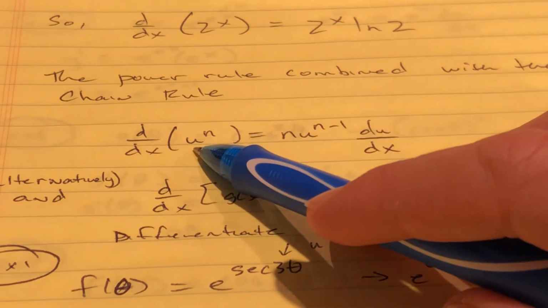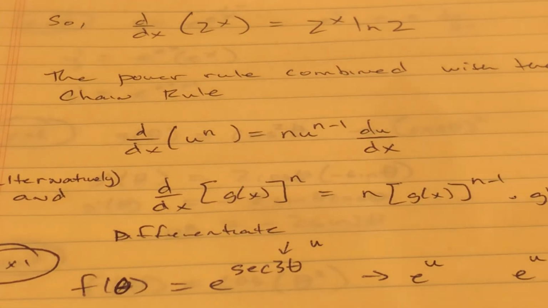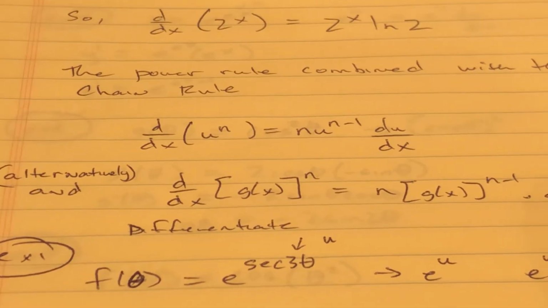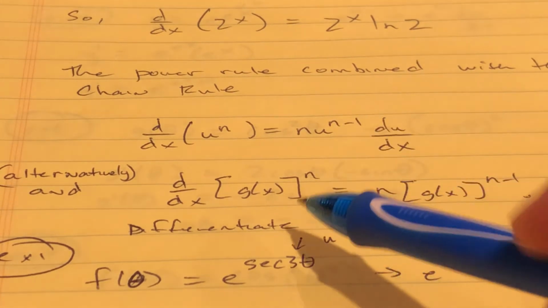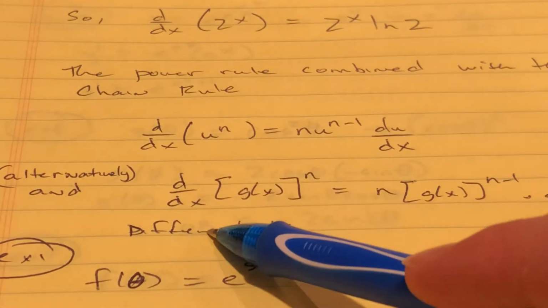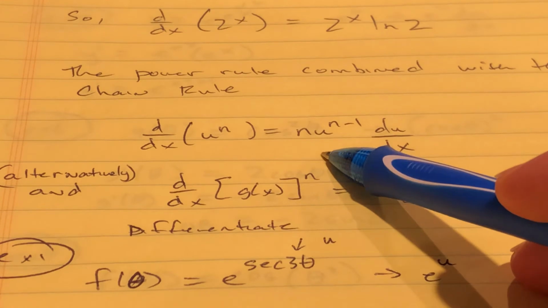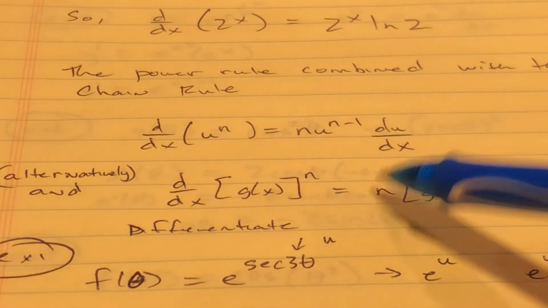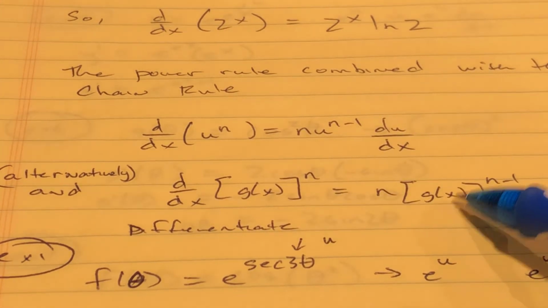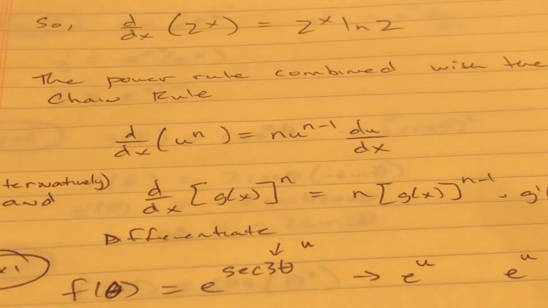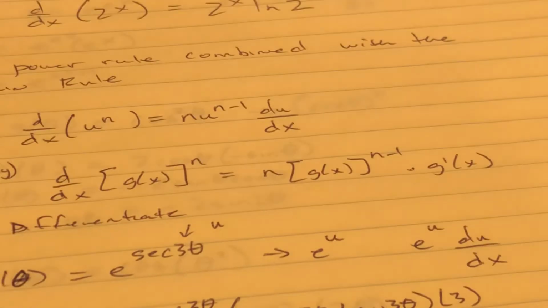Then I take the derivative of u with respect to x. That's what we've been doing. You can write this in an alternative fashion: the derivative with respect to x of g of x to the n power is n times g of x to the n minus 1 times the derivative of g of x. Both are the same thing, but I think using that u is helpful.